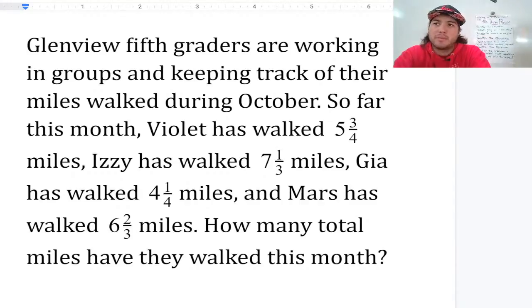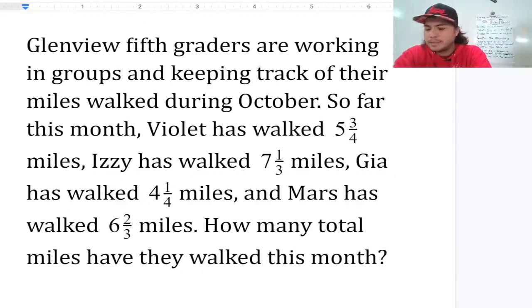Maybe there's a contest and they want to see who walked the most. Maybe they have to reach a goal of some kind. It doesn't say in the story, but we're thinking about those kinds of questions because it gives us a better idea of what's going on in the story. In this case, there's fifth graders walking and they're keeping track of how many miles.